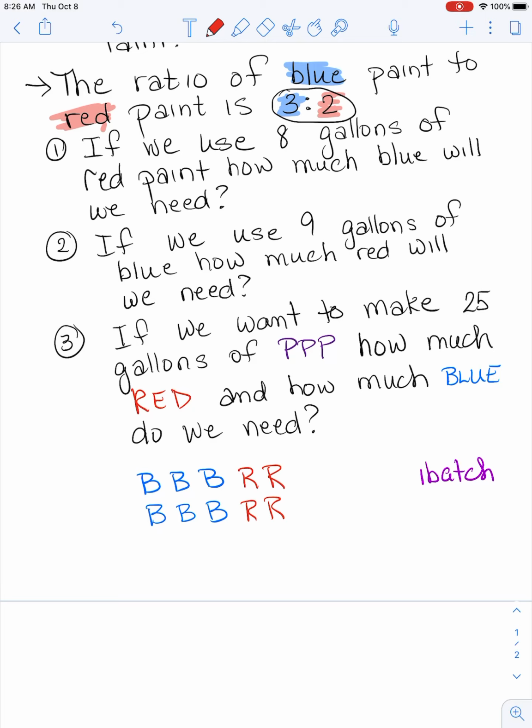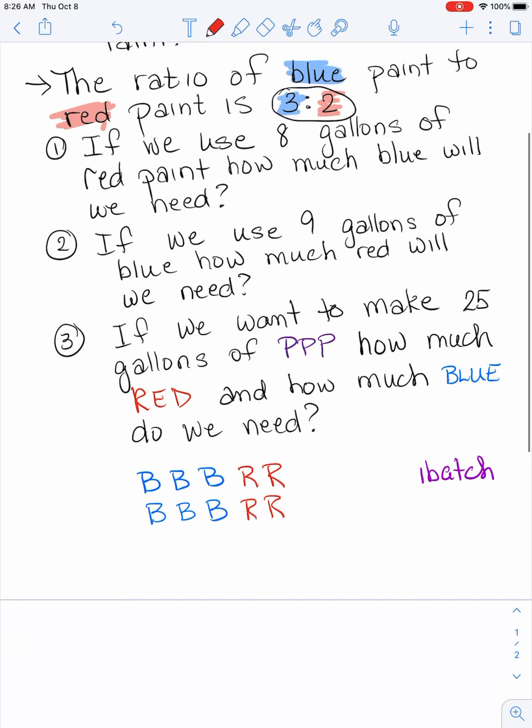Now let me look at my question. Number 1 says if we use 8 gallons of red paint, how much blue will we need? That means I'm going to have to repeat this pattern so that I have 8 R's, or 8 gallons of red. So let me do that first. So 2, 4, 6. Okay, question 1 needs 8 gallons of red paint.